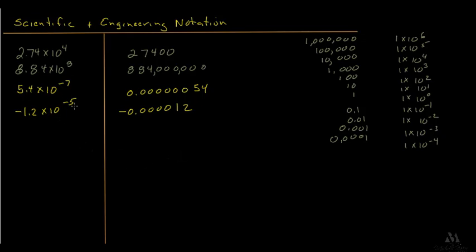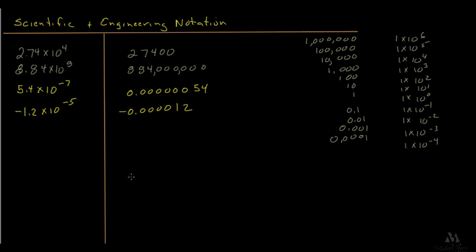Now, these are in scientific notation, and they let us take very big numbers or very small numbers and write them in a fairly compact form. These aren't actually huge numbers by any means. As they get larger, using scientific notation is more and more helpful.